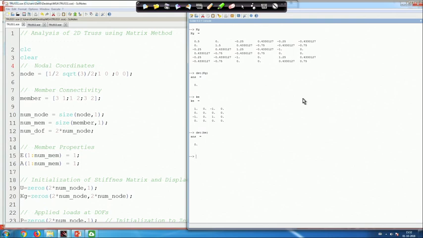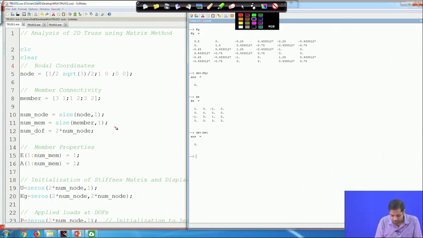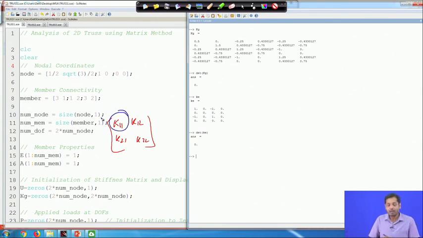Now, once you have given the constraints and then partition the matrix like this into K11, K12, K21 and K22, this is the partitioned stiffness matrix. Let us check the determinant of K11, whether that matrix is singular or not.